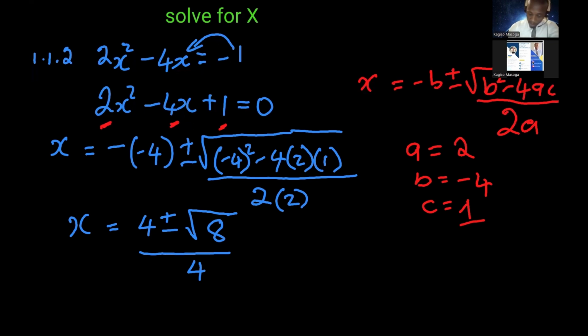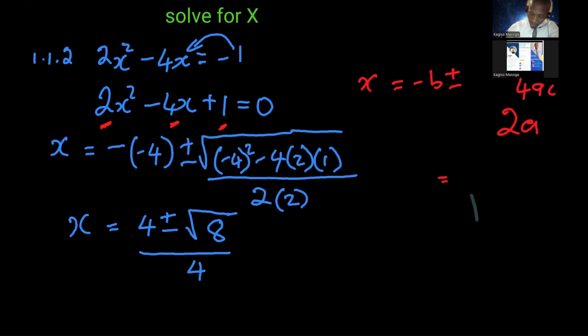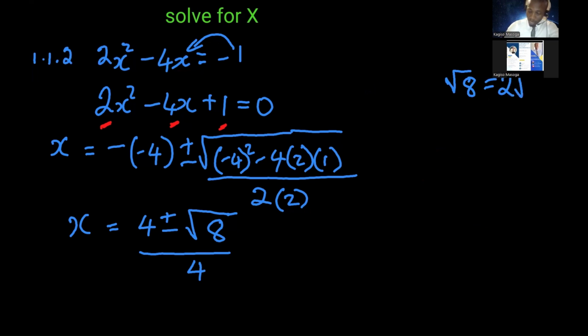I'm just going to come this side because of lack of space. So now we simplify the root. The square root of 8 is equal to 2 square root 2.